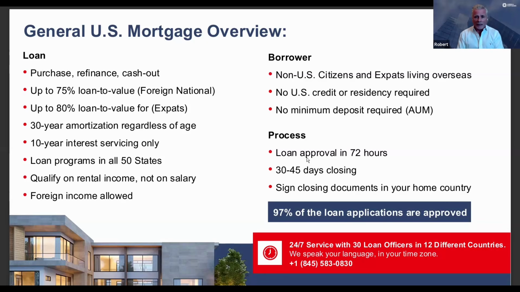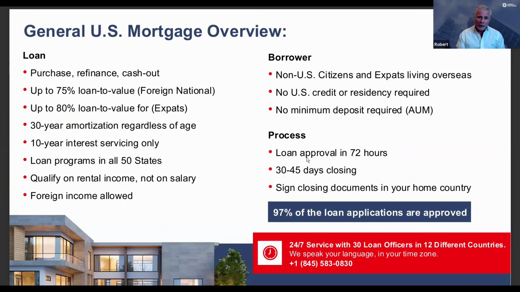So purchase, refinance, or equity release, up to 75% financing for a foreign national, up to 80% for a US expat, 30-year amortization regardless of age, the 10-year interest only that we had talked about, loan programs in all 50 states. So you really can choose where you feel like you want to invest.